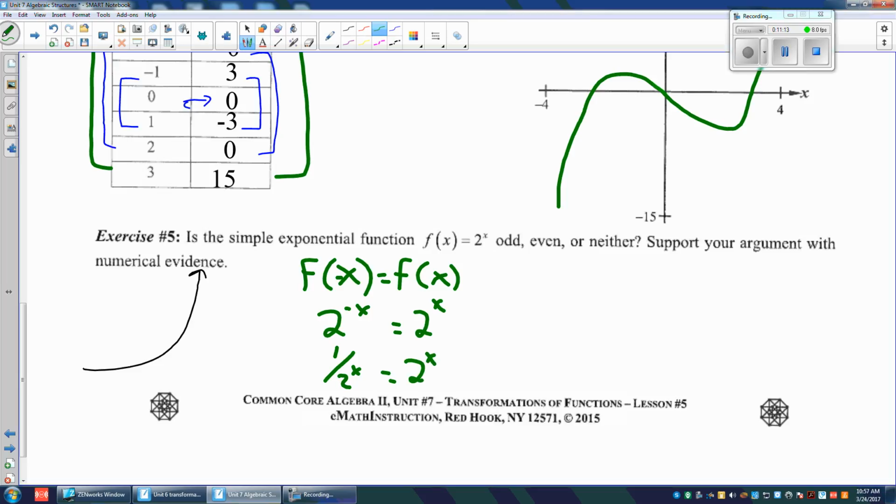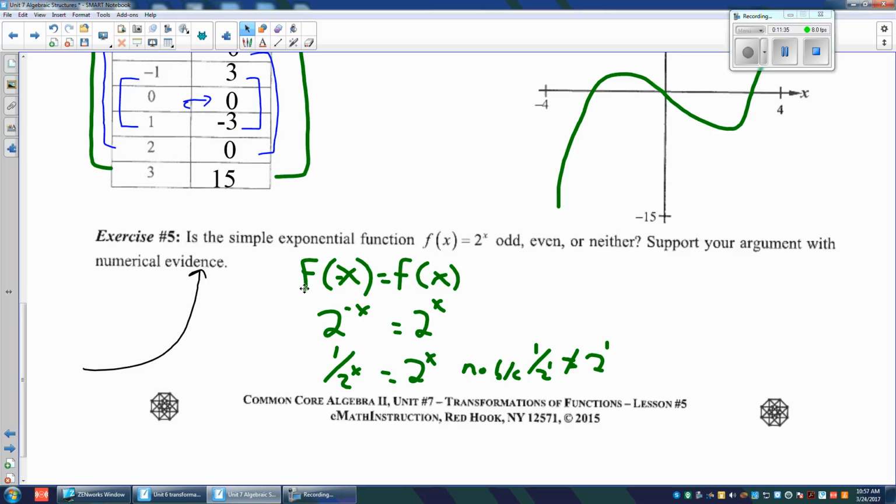The only time that that's true is when x equals 0. All other numbers, it's false. So, for instance, if I were to substitute the number 1 in there, no, because 1 over 2 to the first does not equal 2 to the first.